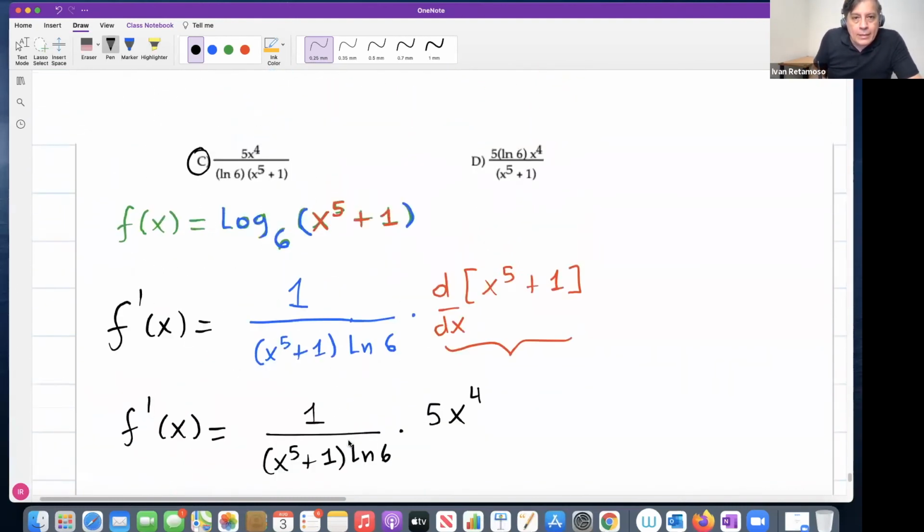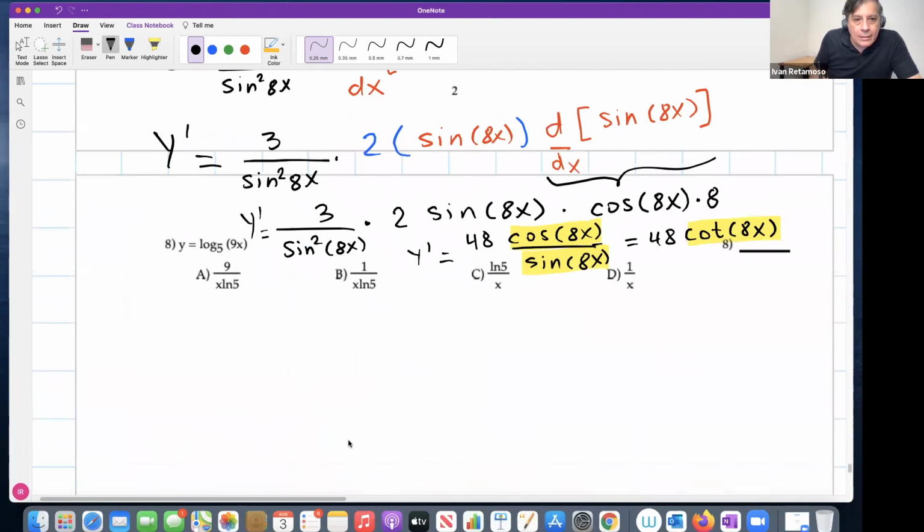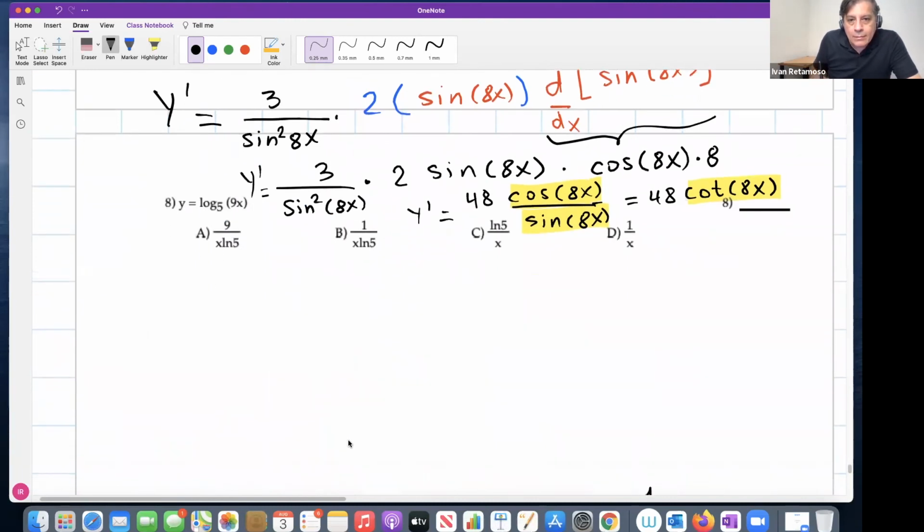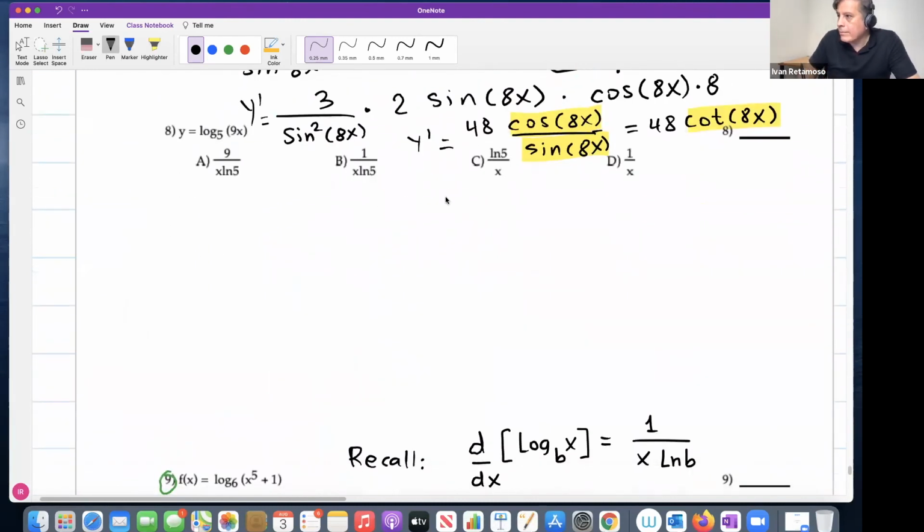Okay, now I think there was one more here. This one I think is easy to solve, but we can spend a few minutes. Let's just finish up with this: log base 3 of 9x. So use this formula.